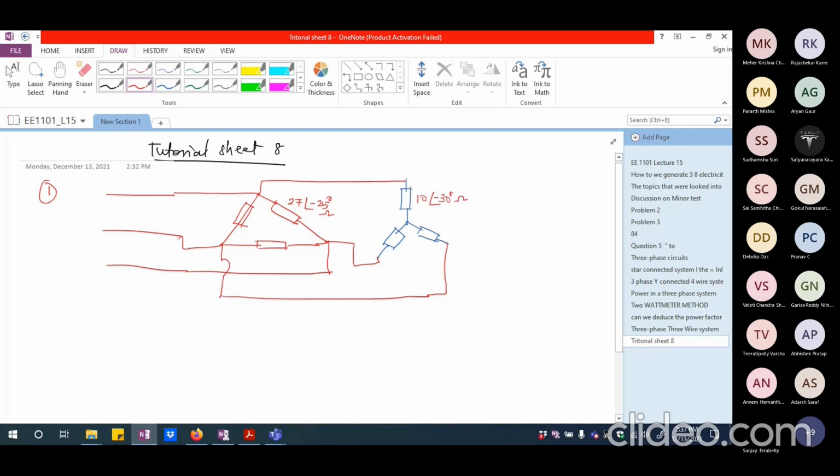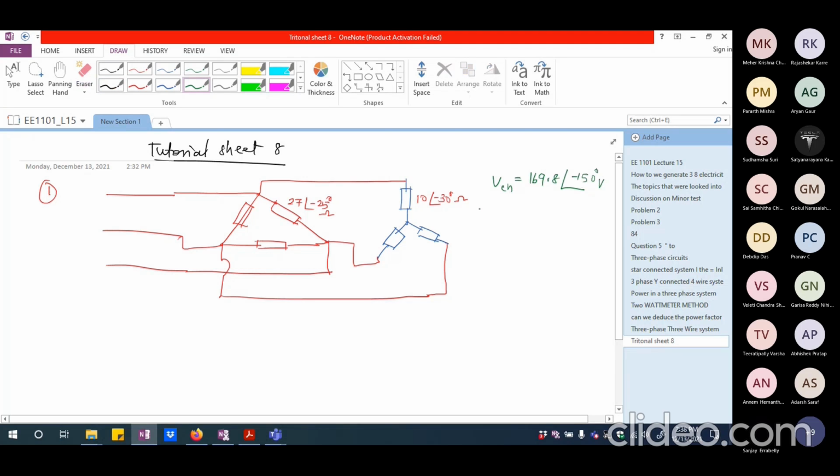And one more thing that is given is the supply per phase voltage VCN, which is given as 169.8 angle minus 150 degrees.